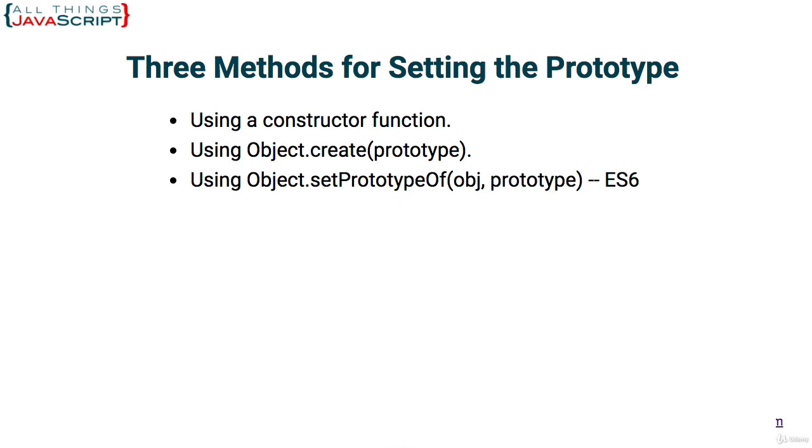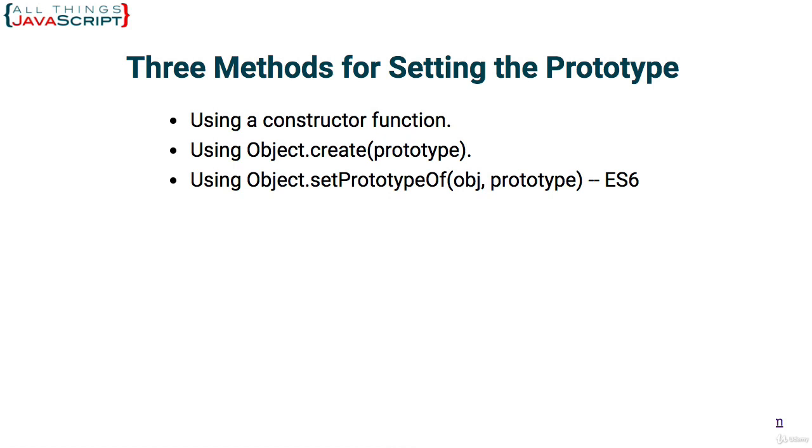Third, as of ECMAScript 6, that standard defined a setPrototypeOf method, which is a part of Object. Now, with setPrototypeOf, you're able to establish the prototype of an object that's already been created. Just one precaution with setPrototypeOf, you should probably avoid it if you can.